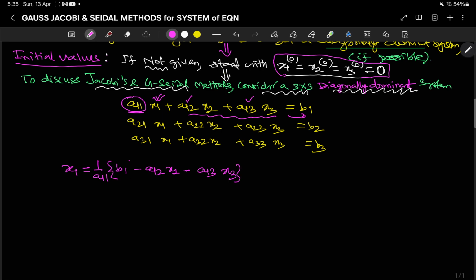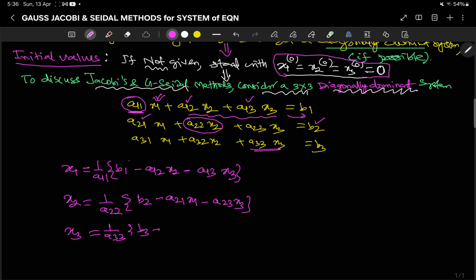Clear? Similarly for x2: x2 is equal to 1 by a22 times b2 minus a21 x1 minus a23 x3, and x3 is equal to 1 by a33 times b3 minus a31 x1 minus a32 x2.